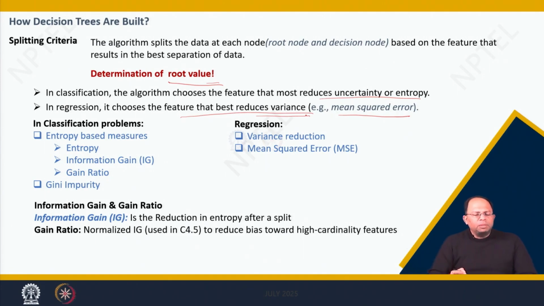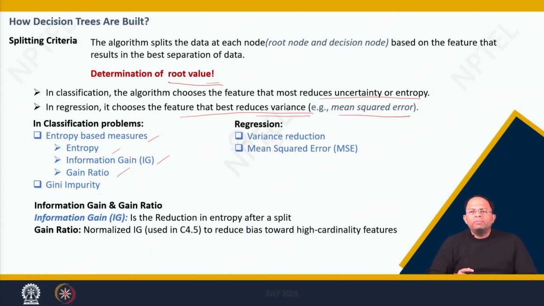So in classification problems, we use two measures. One could be an entropy based measure, or it could be based on Gini impurity. And within the entropy based measure, we will study entropy, and then there are two distinct measures, the information gain or the gain ratio.